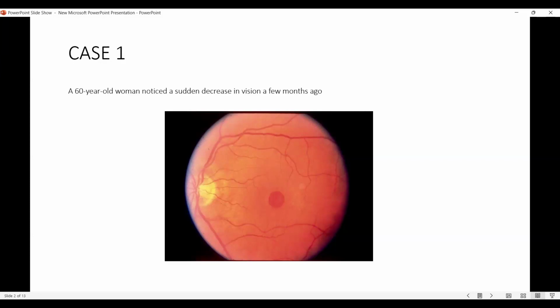Ma'am, depending upon the need of the patient, whether the patient has visual needs which are not being catered by this amount of vision, and depending upon the other eye vision, we can keep the patient under observation if it is not depriving the vision much. And if the need arises, then the surgical treatment would be a pars plana vitrectomy with ILM peeling, followed by air fluid exchange and gas tamponade.